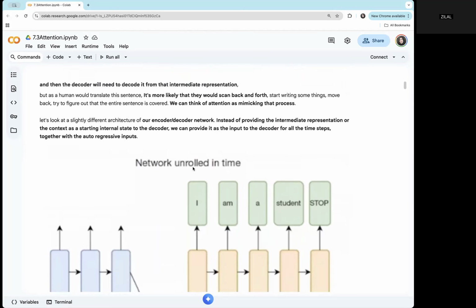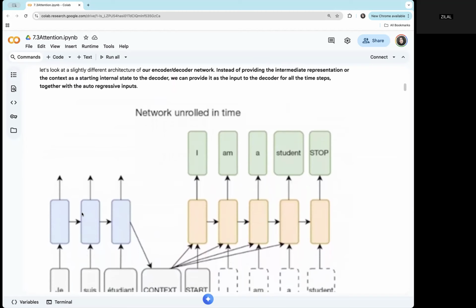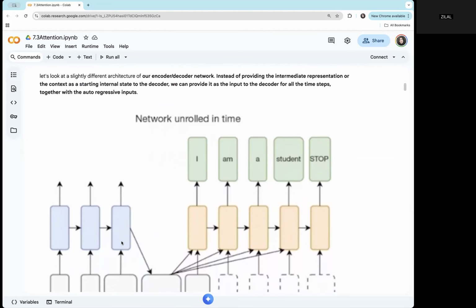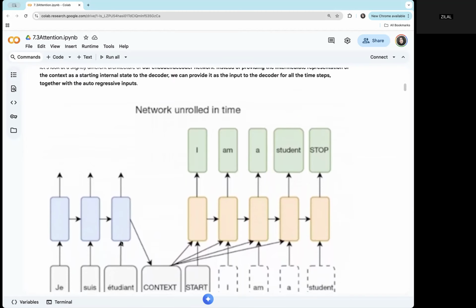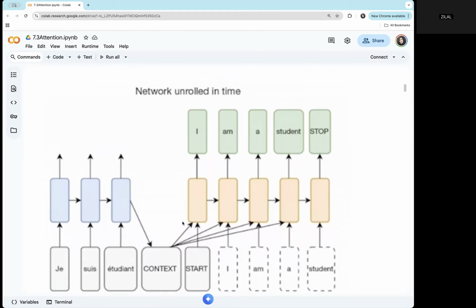Let's look at a slightly different architecture of our encoder-decoder network. Instead of providing the intermediate representation or the context as a starting internal state to the decoder, we can provide it as the input to the decoder for all the time steps, together with the autoregressive inputs.